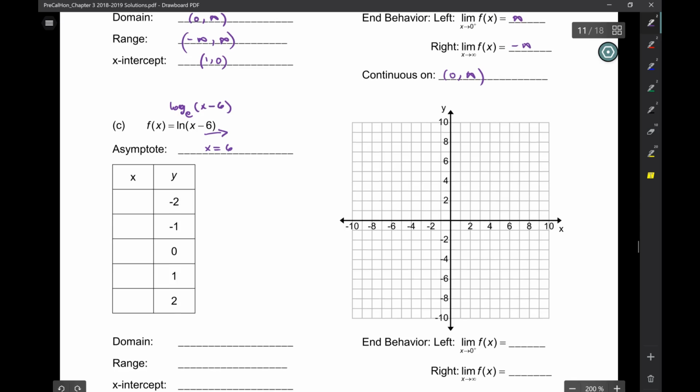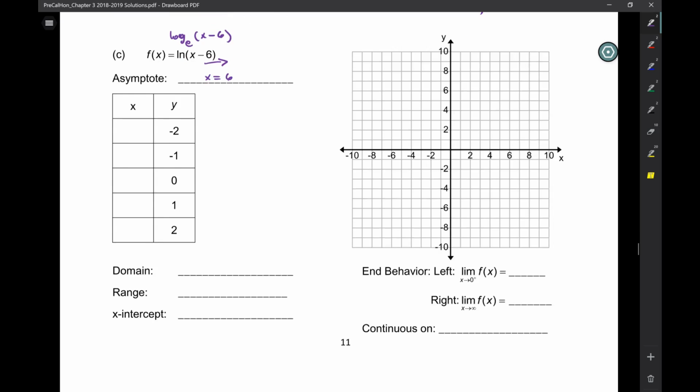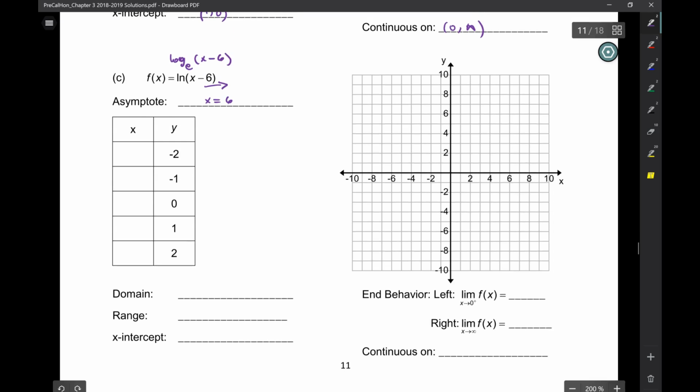Okay? So, let's do, okay, so here these are the exponents, right? Let's do this one because it's easier to wrap our heads around. So here essentially what I have is e to the 0, right? But it's going to move over 6 units to the right.